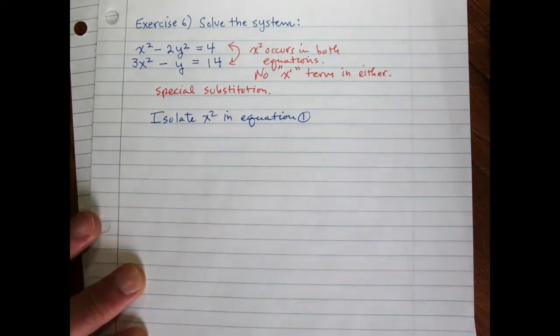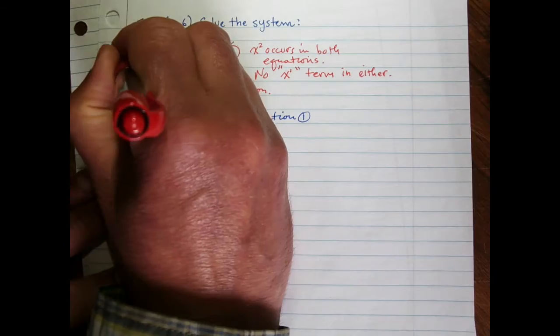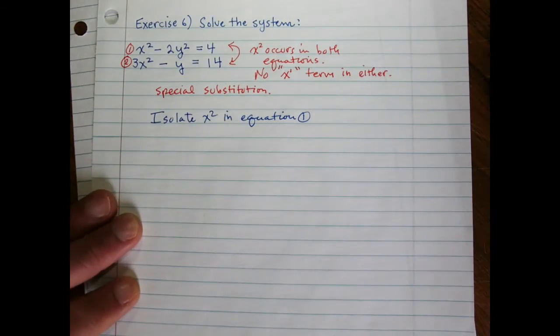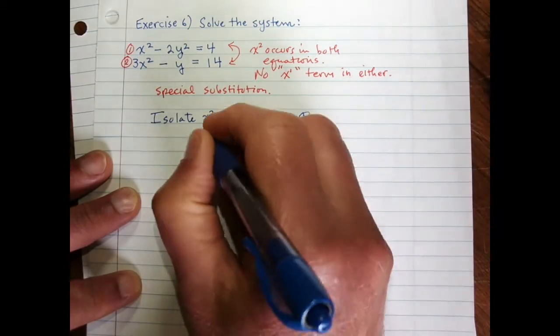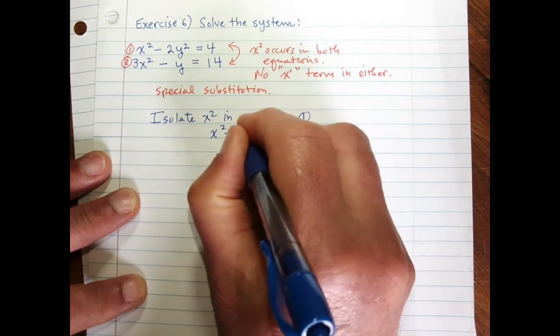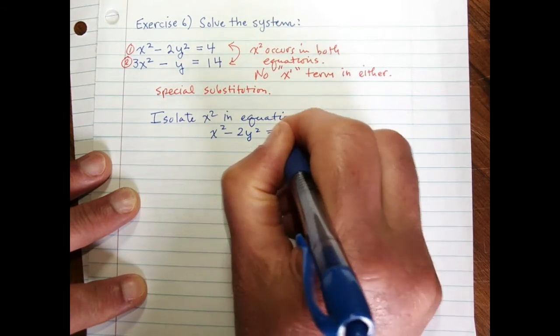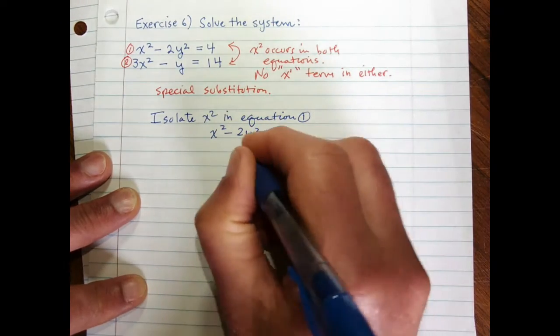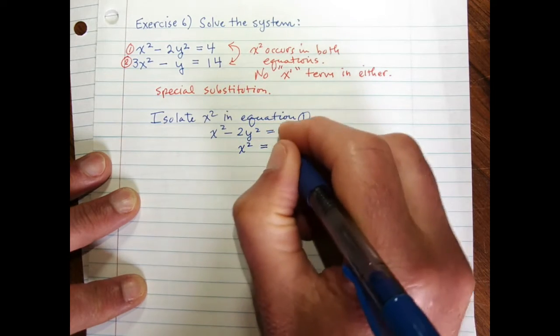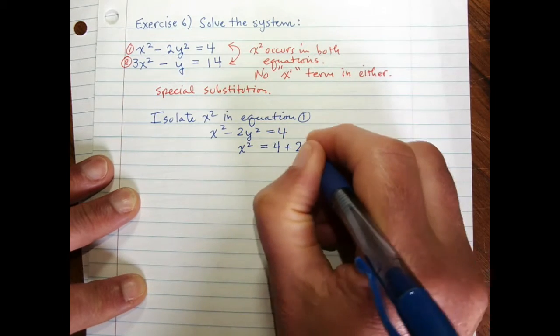I guess I should go ahead and number these 1, 2. And so take that first equation, and I'm going to add 2y squared to both sides. So x squared equals 4 plus 2y squared.